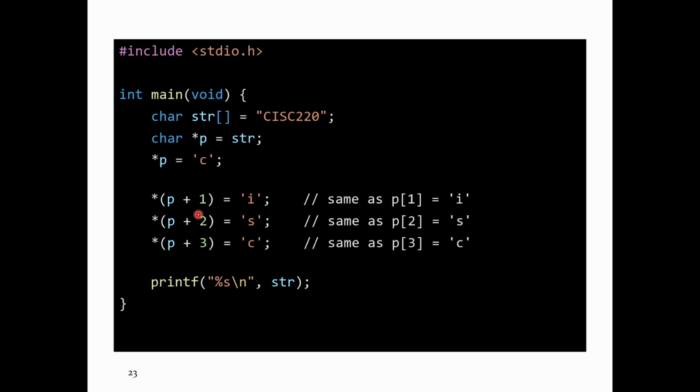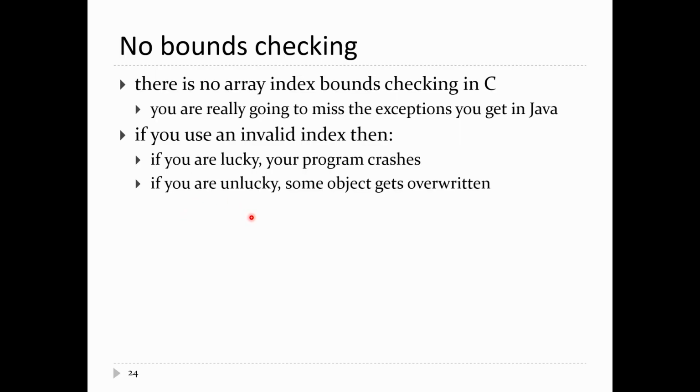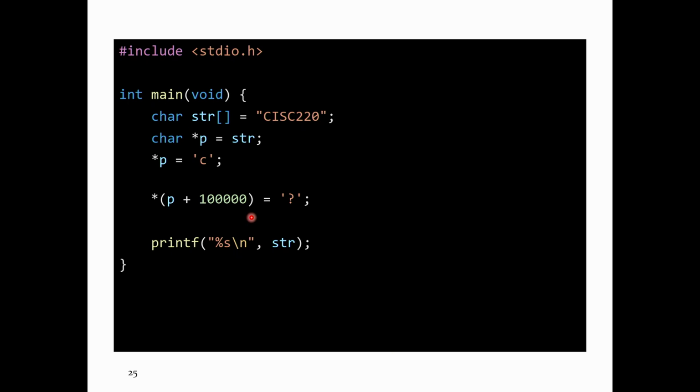So if you do something like str minus 1, that's the same thing as saying p minus 1, which goes to whatever object is sitting one memory location in front of the array. And then you can scribble over that. So if you're unlucky, some object gets overwritten. Let's see what happens. Same program.